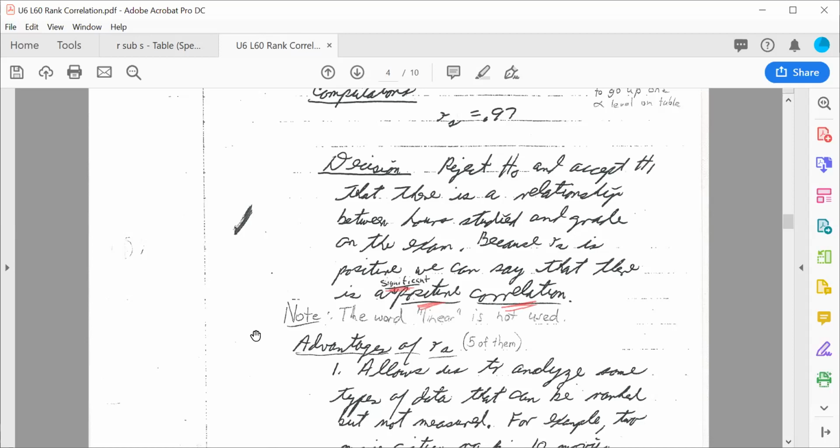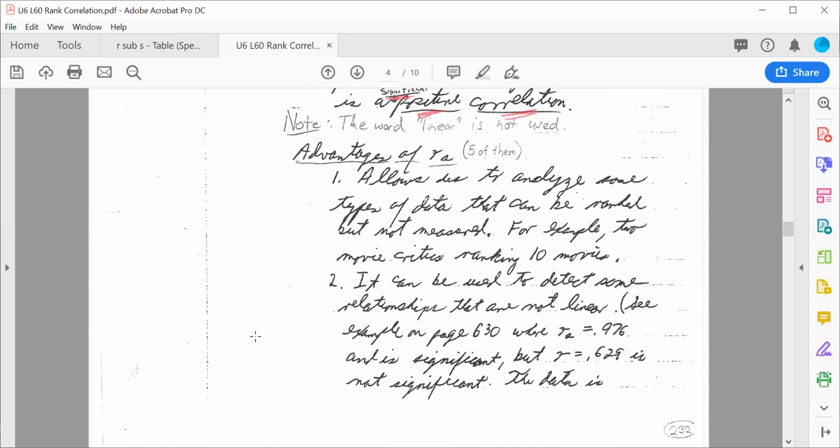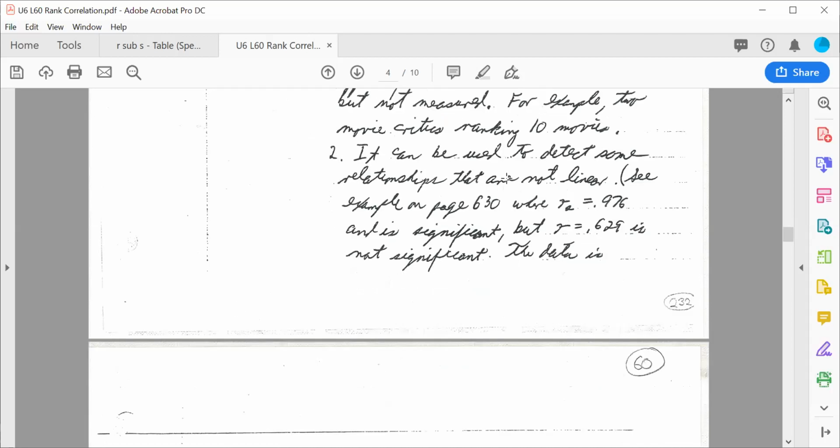Done. All right, so what are some of the advantages of R sub S versus R? It allows us to analyze some data that can be ranked but not measured. So, you know, ranking movies from 1 to 10. It can be used to detect relationships that are not linear. This might be the biggest one right here. Not all relationships are linear.